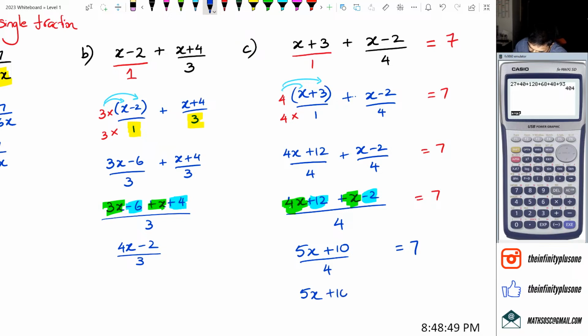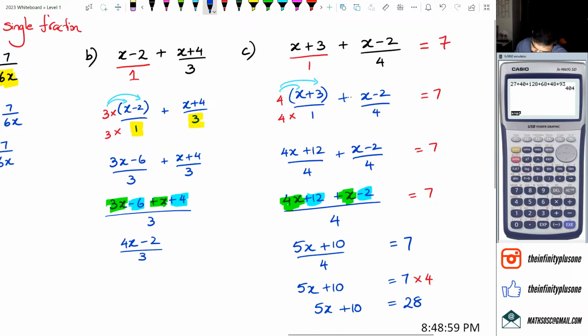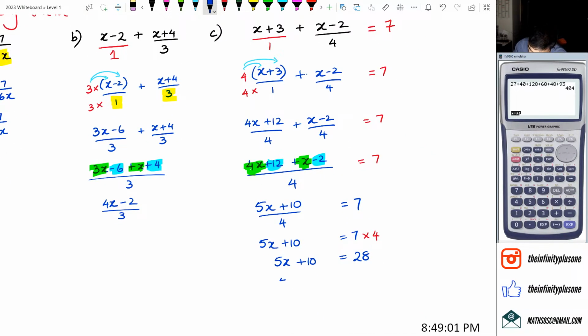I've got 5x plus 10 equals 7 times 4. 5x plus 10 equals 28. And then 5x is equal to 28, take away 10. 5x is equal to 18. And x is equal to 18 divided by 5.